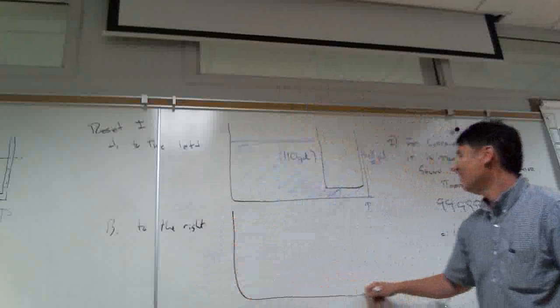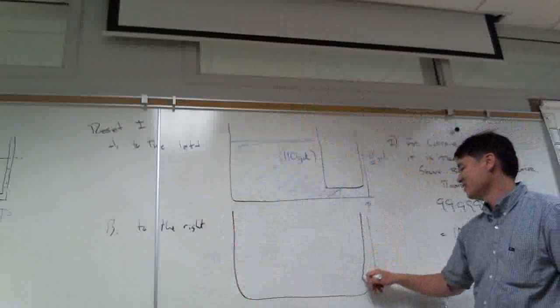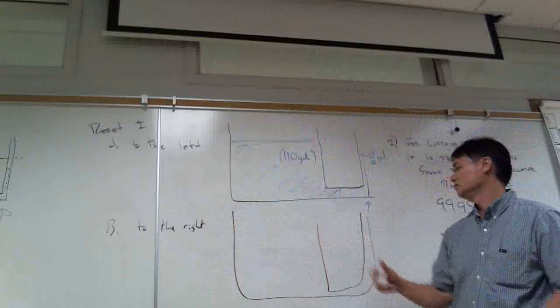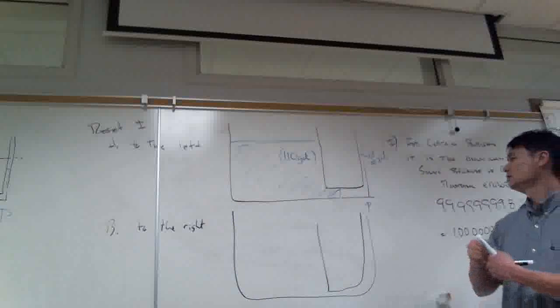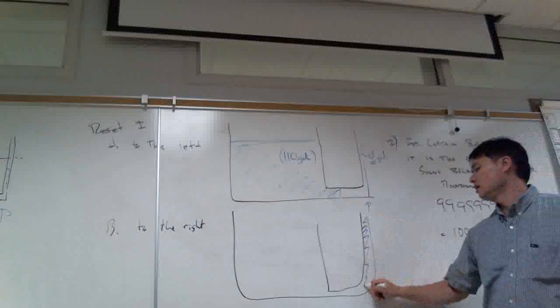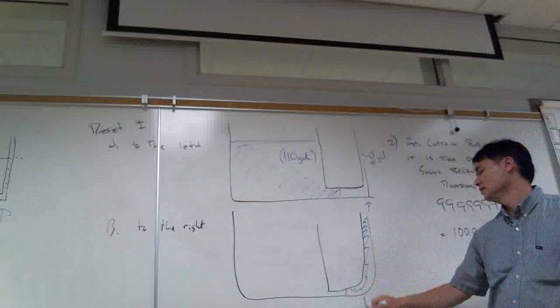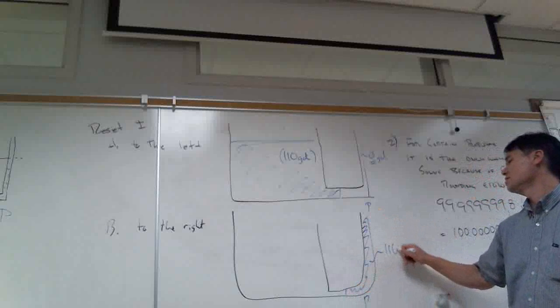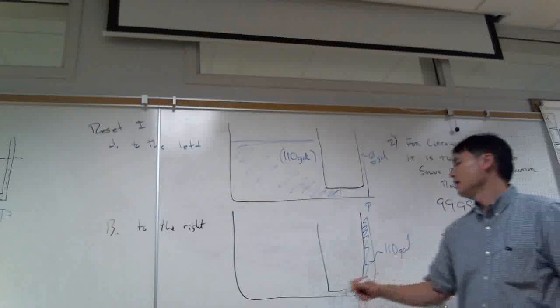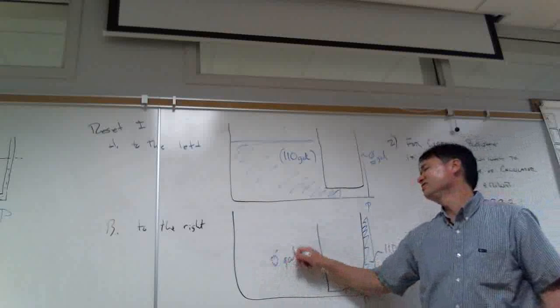then I'm going to put all 110 gallons of water on the product side. Say this is 110 gallons, and this is 0 gallons here.